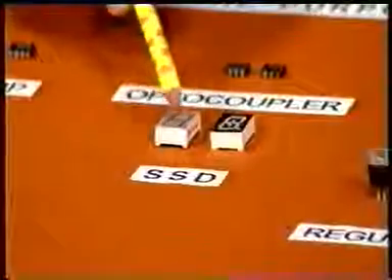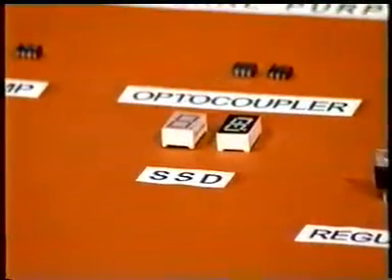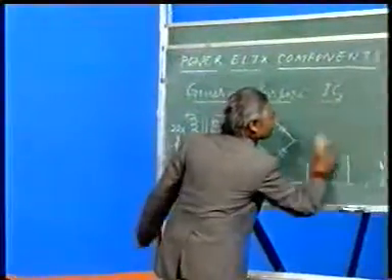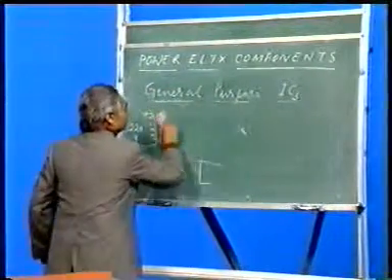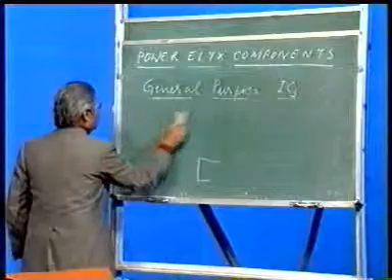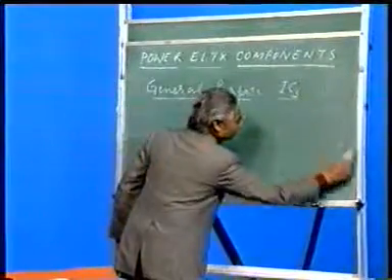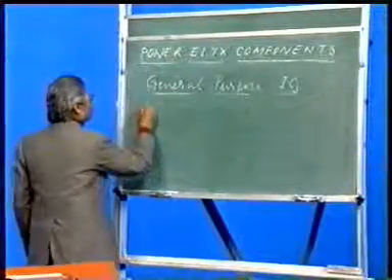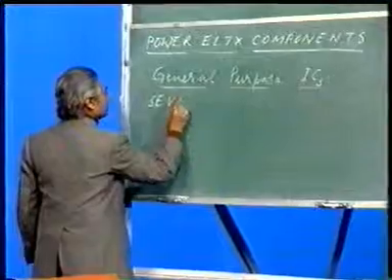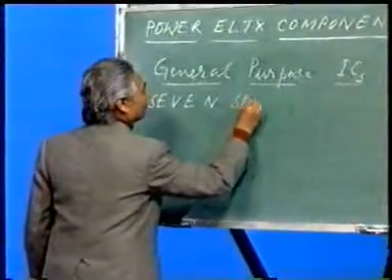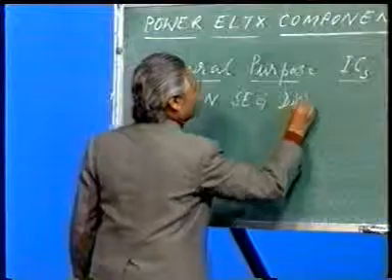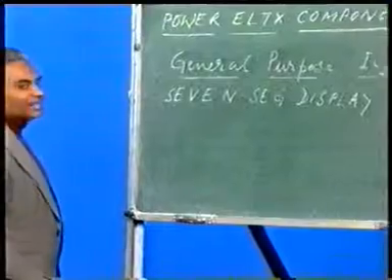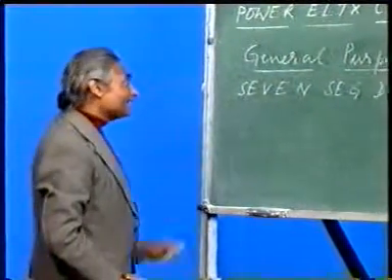Here you can see the 7 segment display. Now let us explain this. Seven segment display. As the name indicates, it is a kind of display and there are 7 segments.